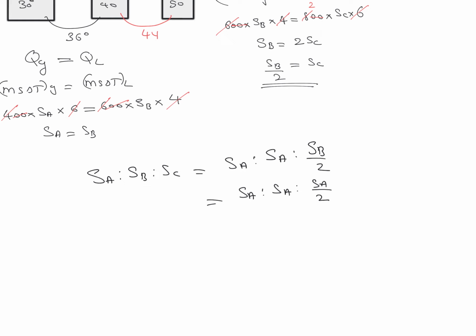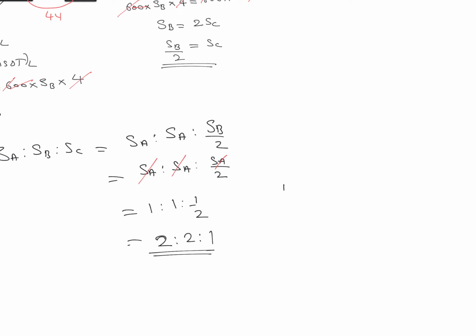We can take S as common and cancel it. So this will be in the ratio 1 is to 1 is to 1 by 2, or if we multiply the whole ratio by 2, we get 2 is to 2 is to 1.